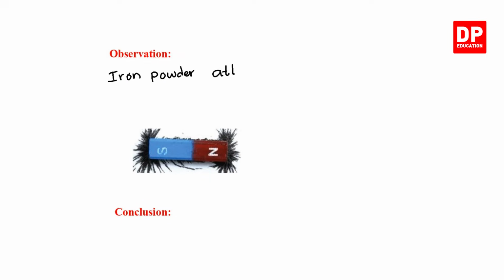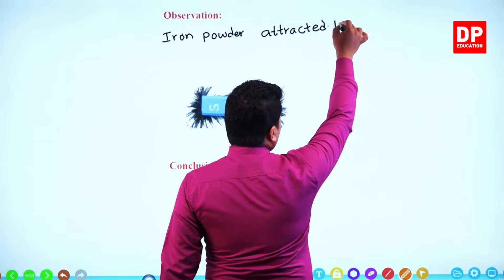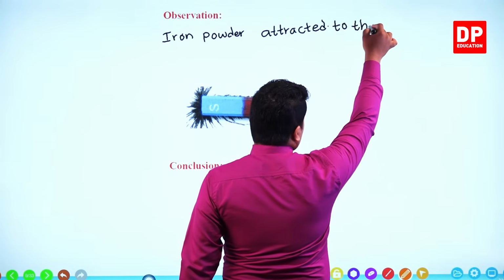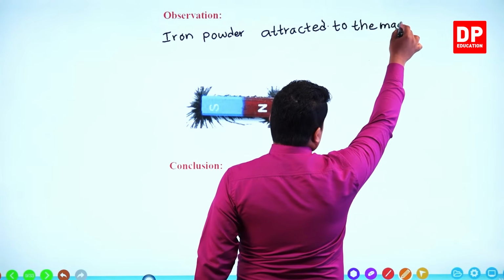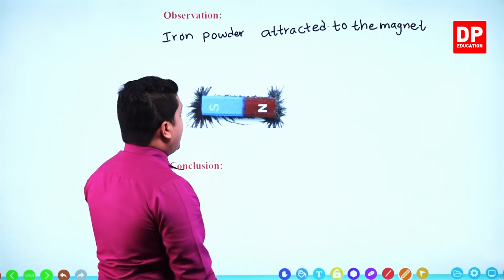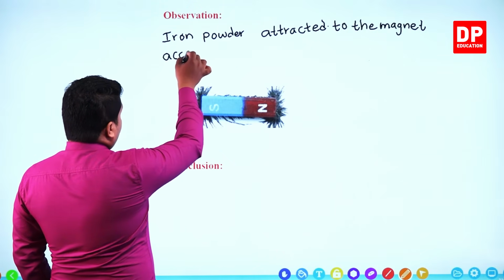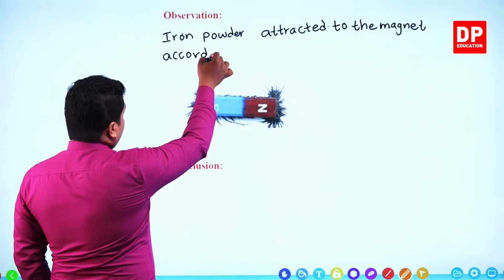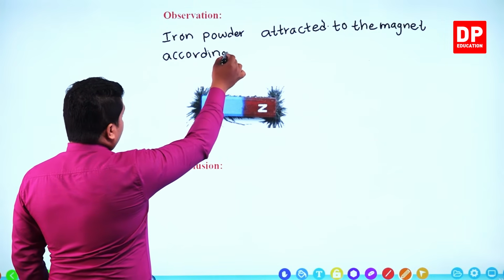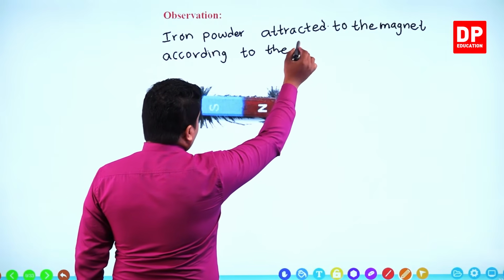Iron powder attracted to the magnet according to the figure below.